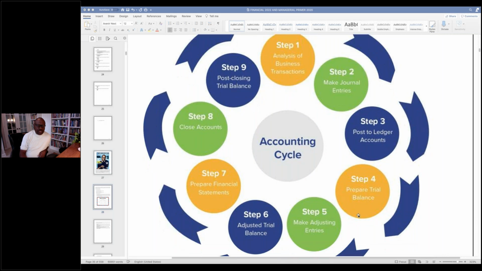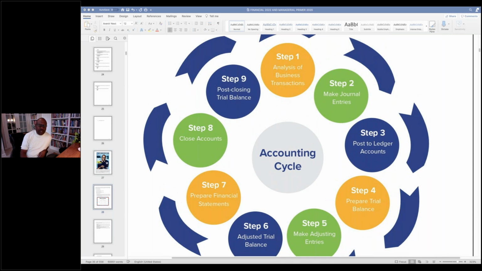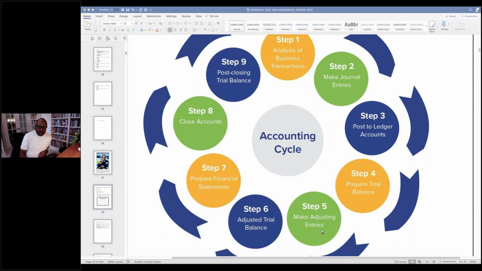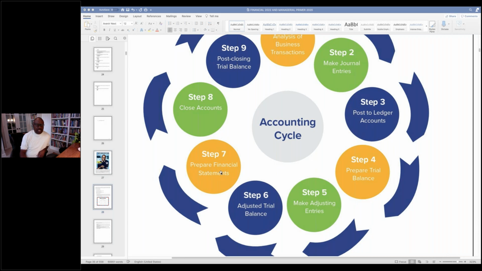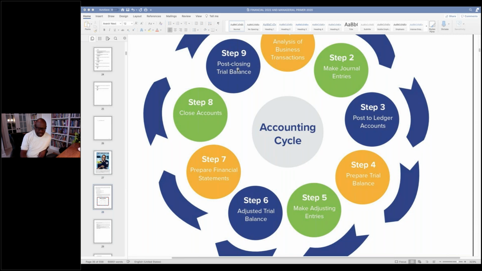Then we went through this accounting cycle, which you're going through. Analyze transactions, make the journal entries, post to the ledger, prepare trial balance, make those wonderful adjusting entries you love so much, do an adjusted trial balance, prepare the financial statements, close the accounts, post-closing trial balance, which is simply the accounts that are left after closing.